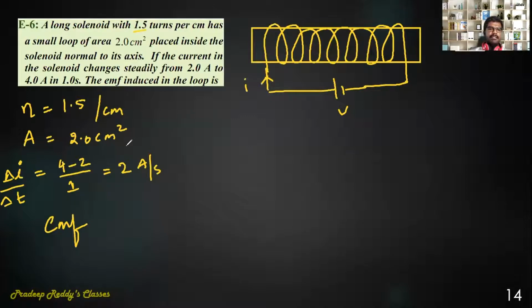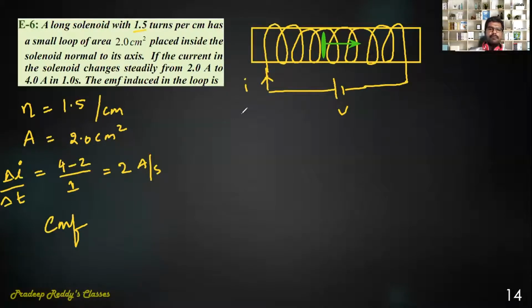And there is a coil which is placed inside the solenoid normal to its axis. That means you have a coil which is placed here like this. This is a coil. Its area vector can be in this direction, and the magnetic field will be developed within this solenoid.